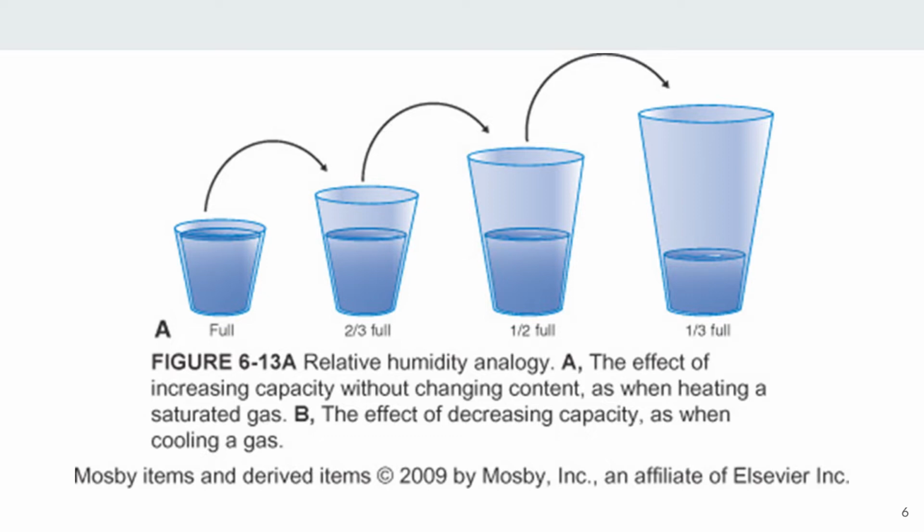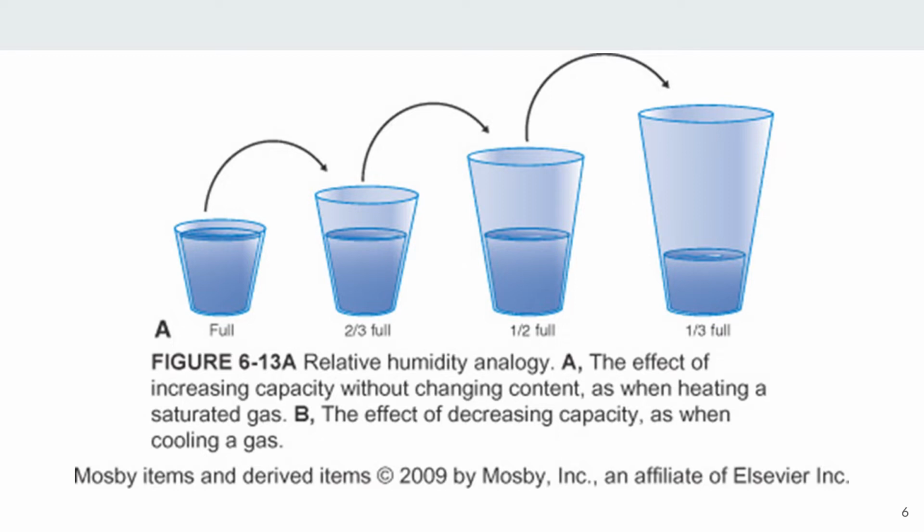So when we look at relative humidity, this is actually in two different slides, A and B. In A, this provides an analogy of the relationship among water vapor content, capacity, and relative humidity. A represents heating the gas, which increases your capacity, the ability to hold water vapor, but the content itself is the same.